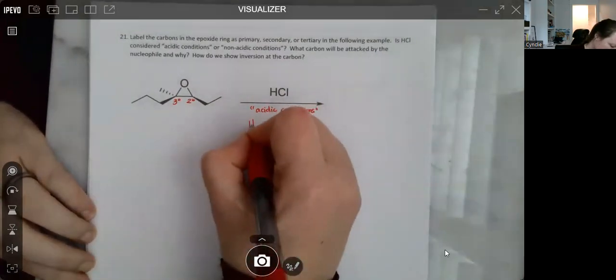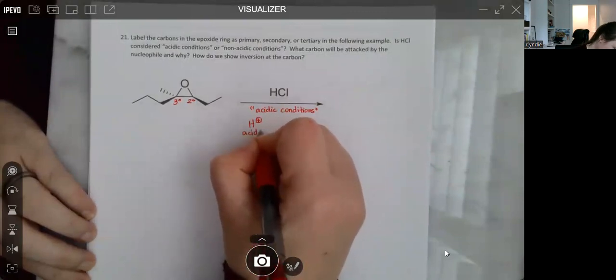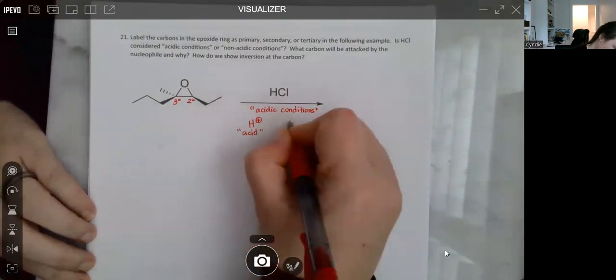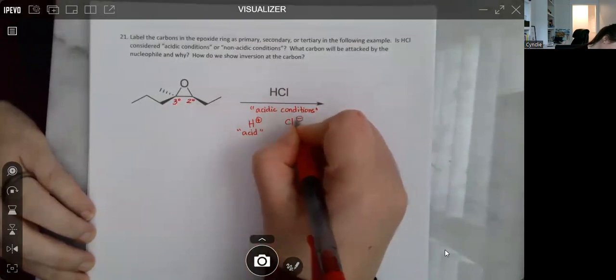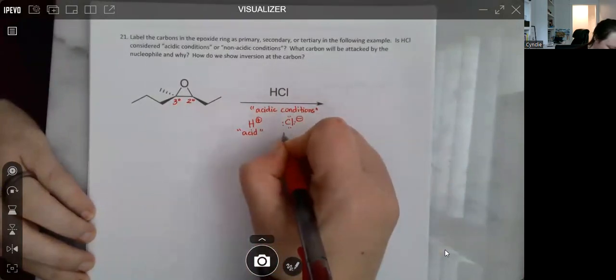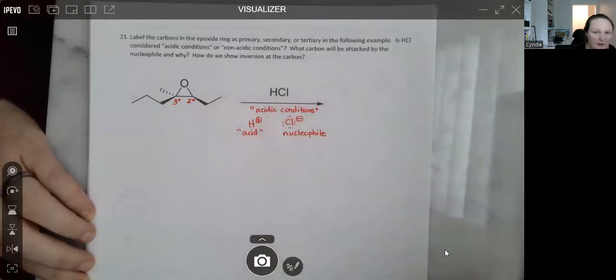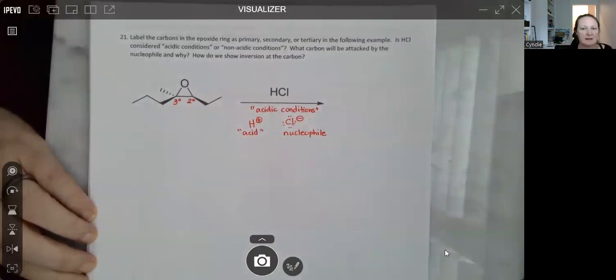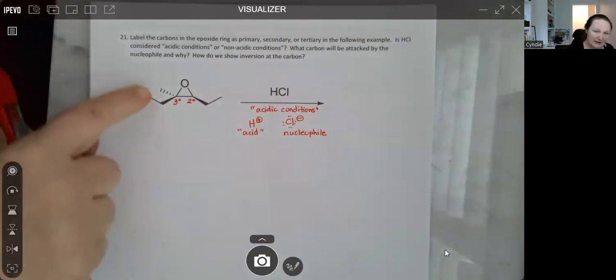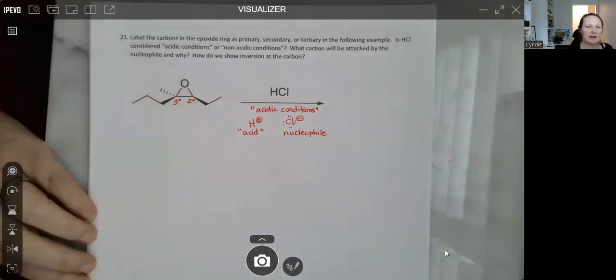So we can say this is really H plus, right, which is, quote, an acid, and Cl minus, which is, right, the nucleophile. Okay, great. Next, so what carbon is going to get attacked? So we are going to attack the tertiary carbon under acidic conditions.